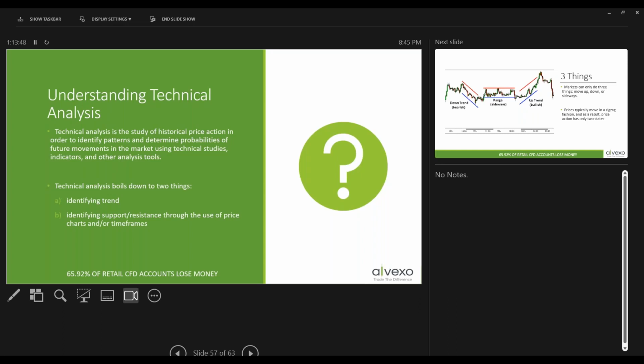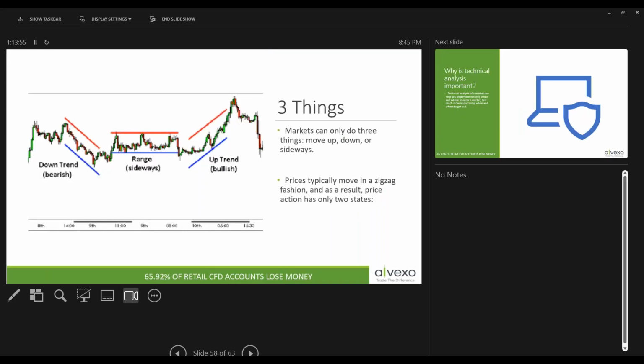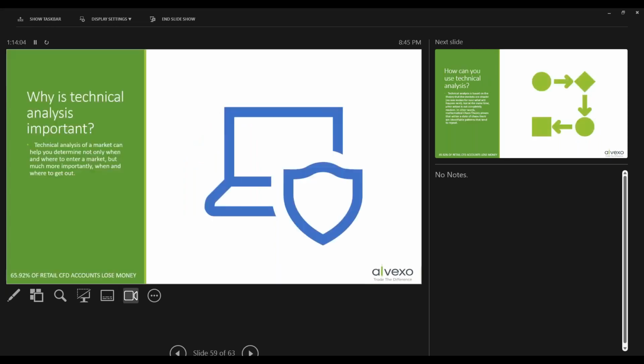Technical analysis boils down to two things: identifying trends and identifying support and resistance areas on your charts. Markets can only move in three ways: up, down, or sideways. So if you keep that in mind, you'll be one step ahead. Technical analysis of a market can help you determine not only when or where to enter a market, but much more importantly, when or where to get out of a market.